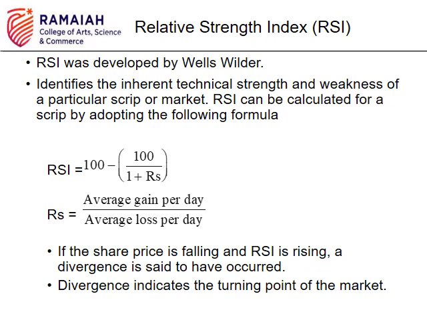The book is called New Concepts in Technical Trading Systems and Commodities. Initially, it was in a magazine, what we now call Futures magazine, which was nothing but a commodities magazine. So it came into the picture in the year 1978, right?